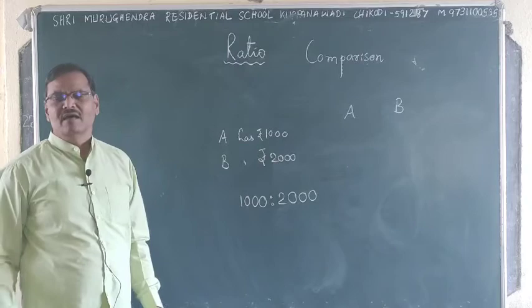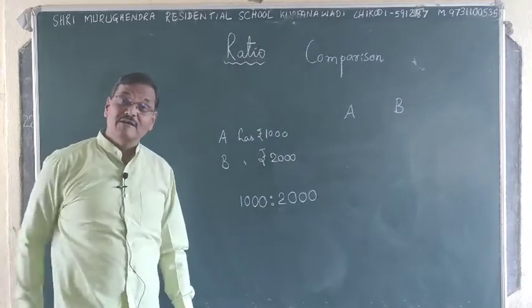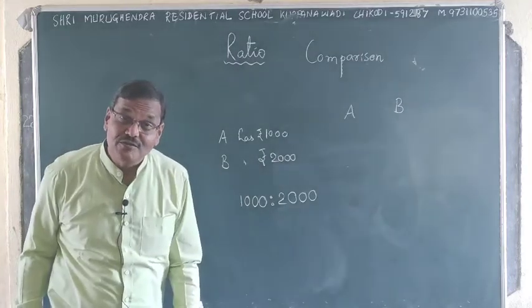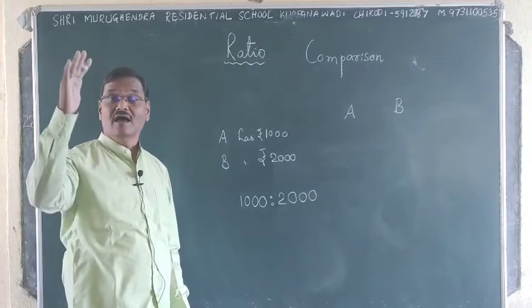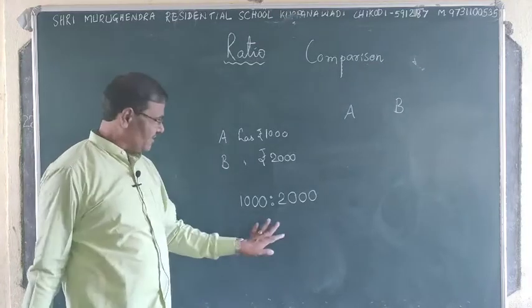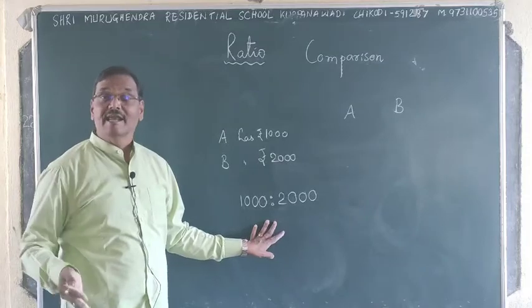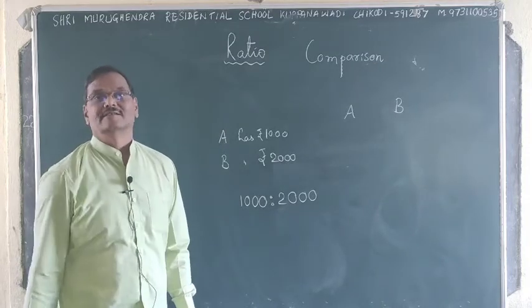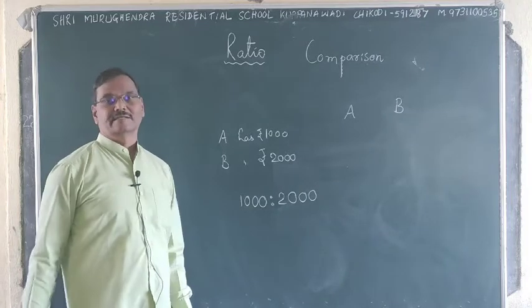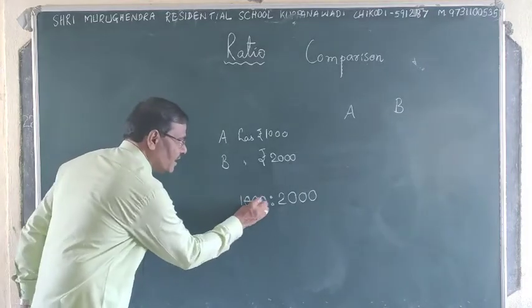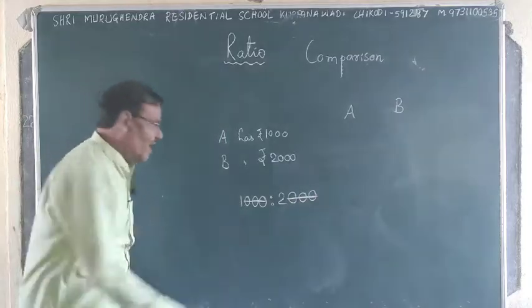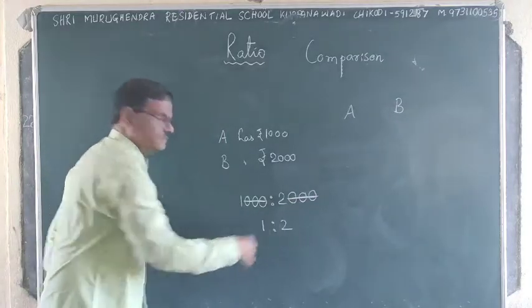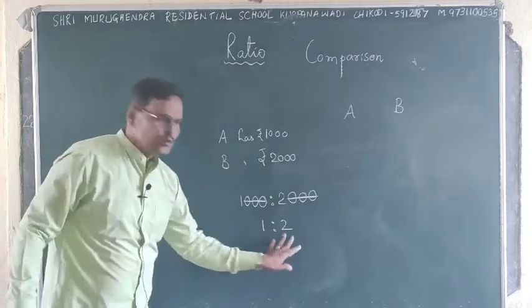Already it is confirmed. Then what are you going to confirm in ratio? Ratio indicates the shortest form. Take for example 1 is to 2. What is this 1 is to 2?